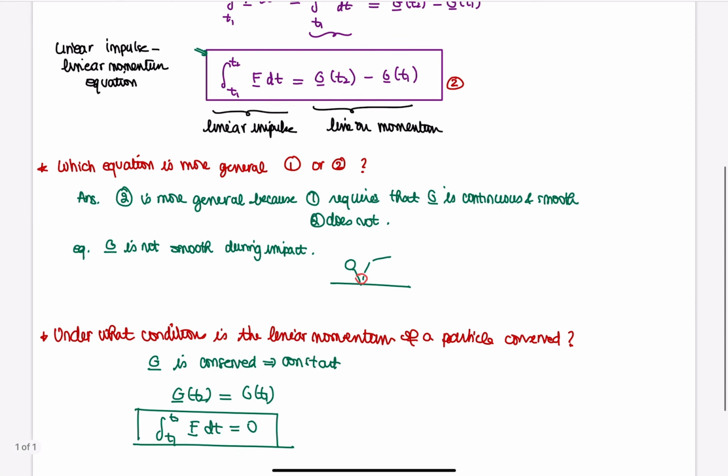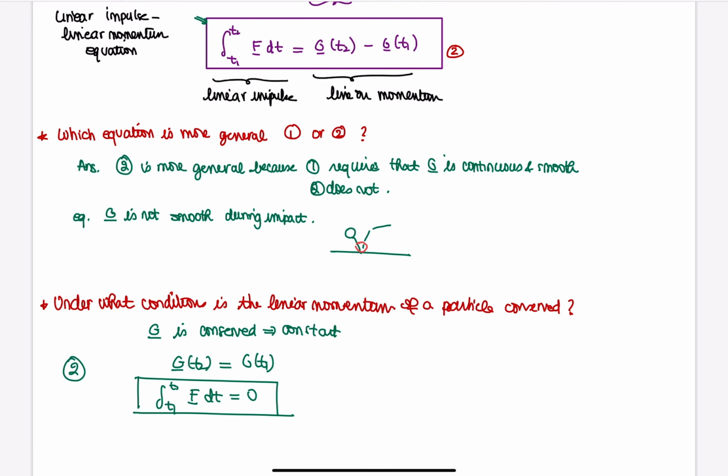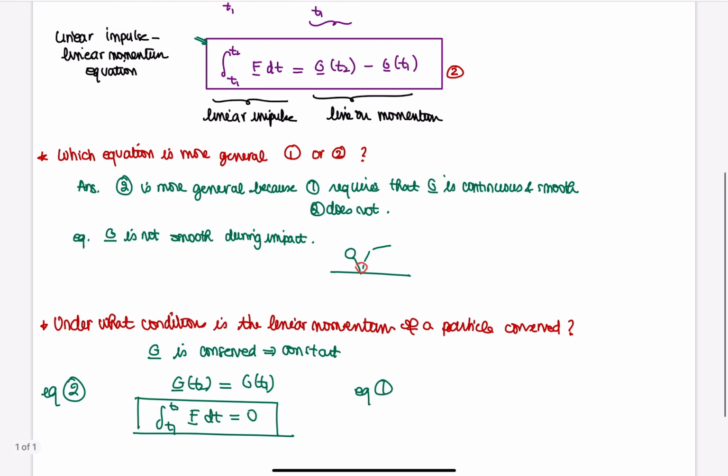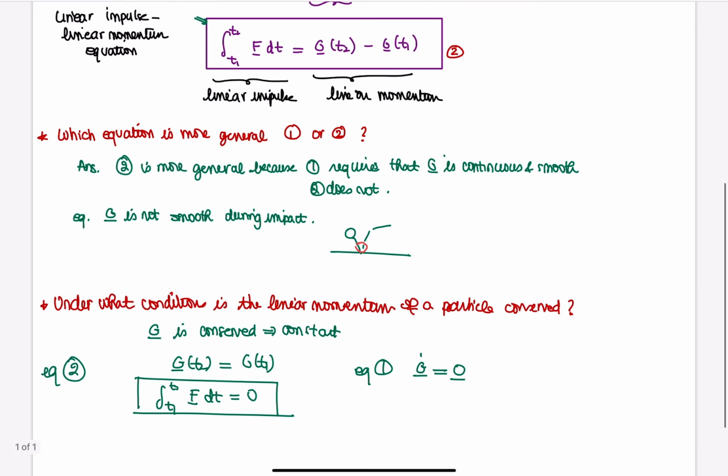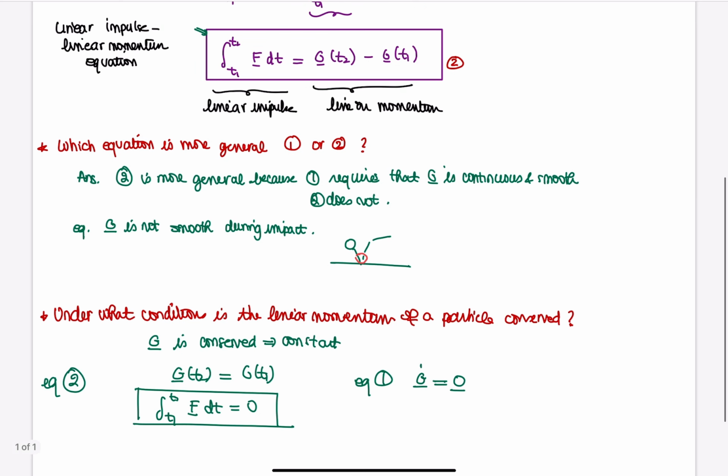If you look at equation 1, if g is differentiable, then if g is conserved, g dot is equal to 0, then this means that F is equal to 0.